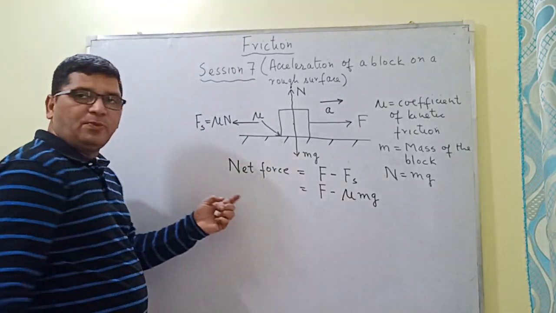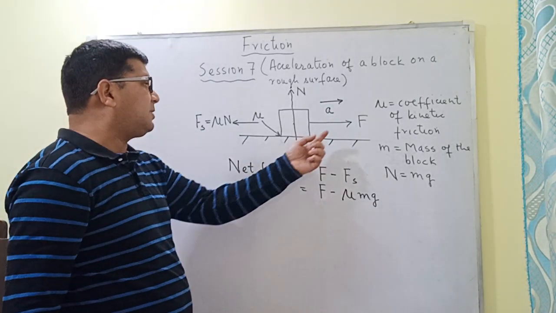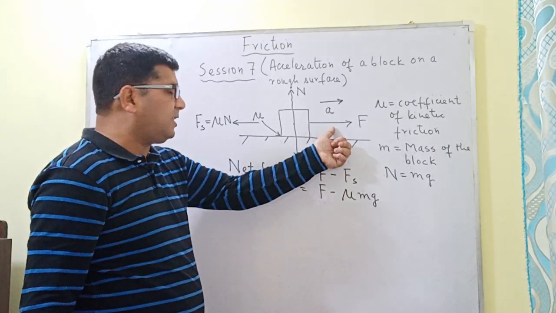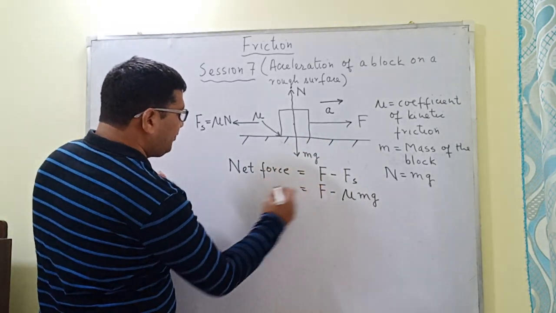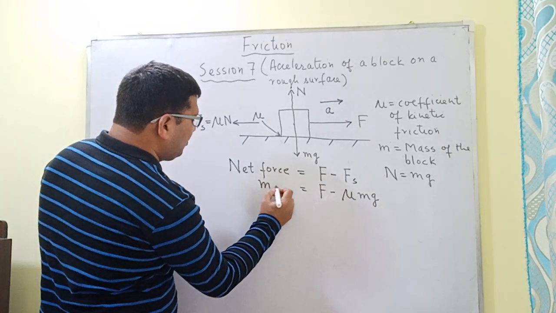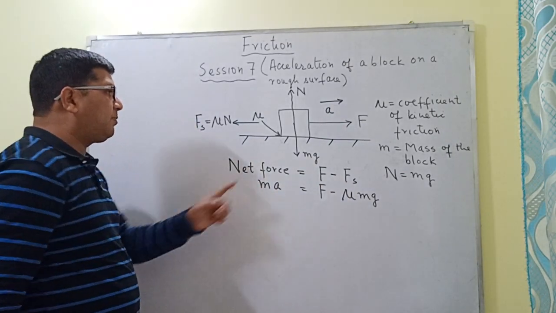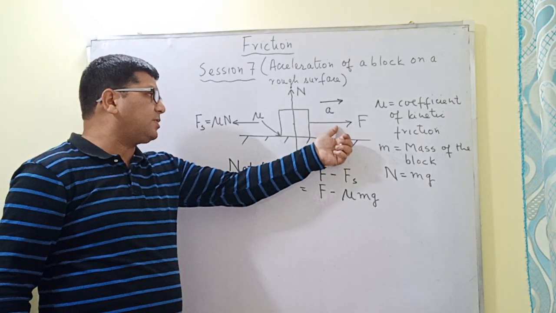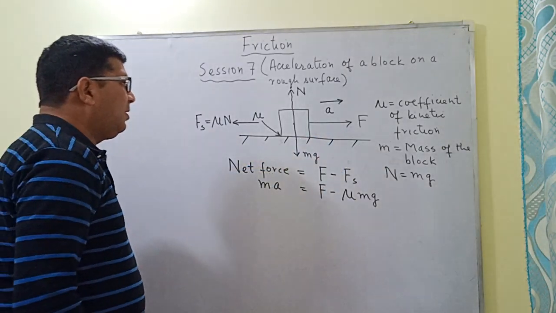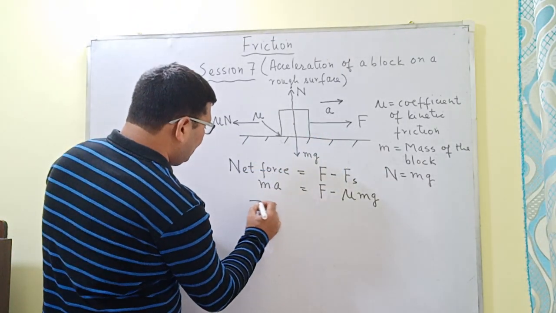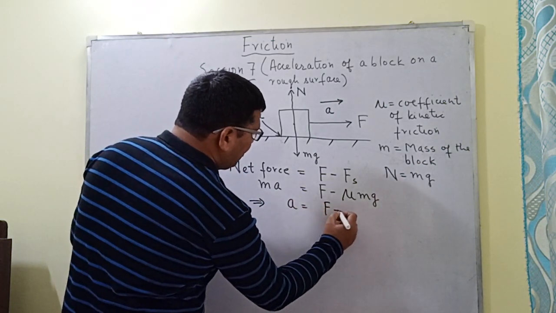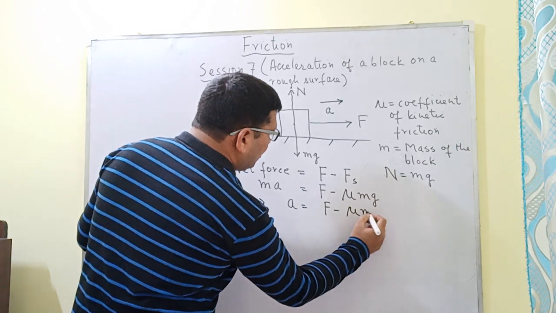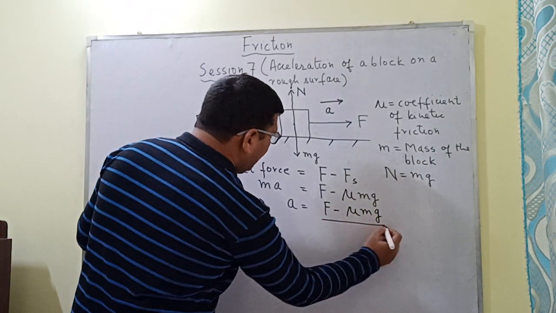Now we know that force is equal to mass into acceleration, and the acceleration developed in this body is a. So we can write this equation as m into a, where a is the acceleration produced in this body due to the application of this external force, and so it implies that the acceleration of this block will be equal to F minus mu mg, divided by m.